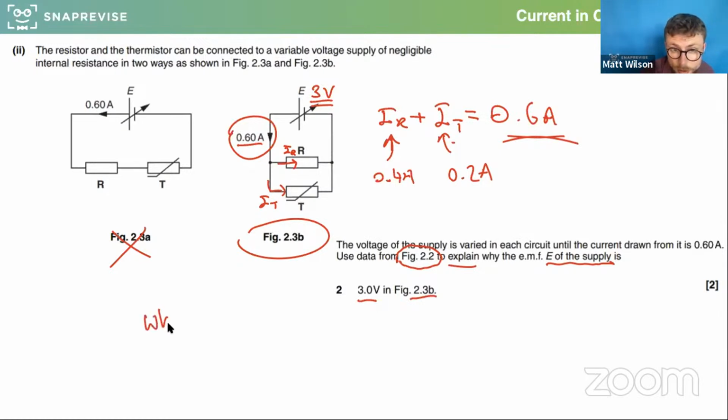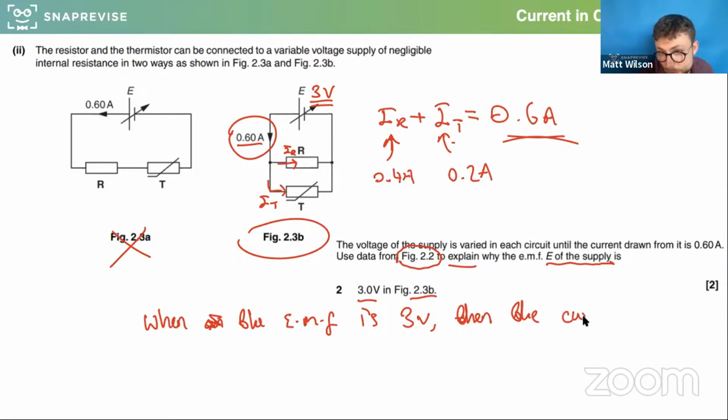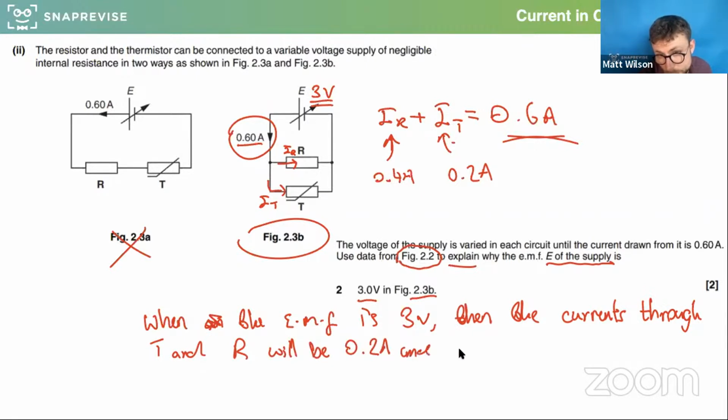So let's say this, when the EMF is 3 volts, then the current through T and R will be 0.2 amps and 0.4 amps.